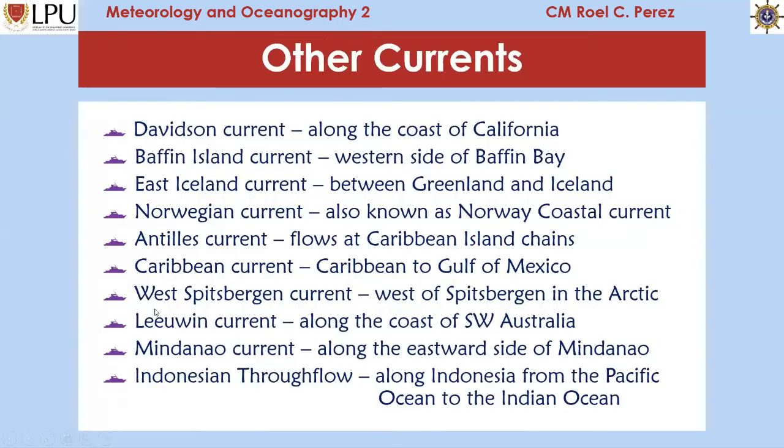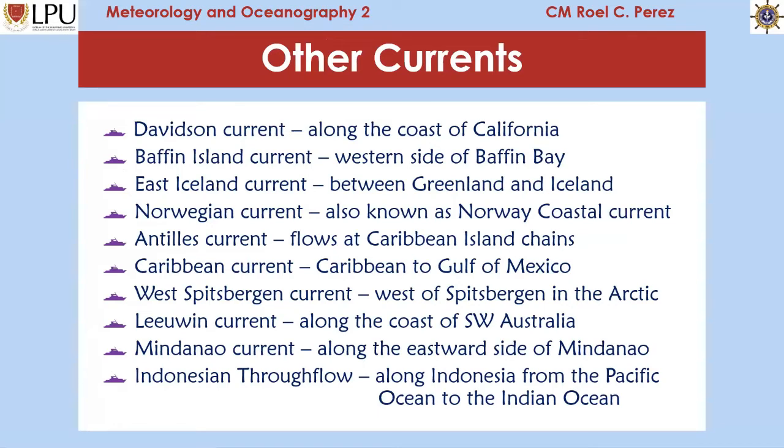Okay, we have also the West Spitsbergen current, which is located west of Spitsbergen in the Arctic. And then Leeuwen current along the coast of southwest Australia. Of course, we have also in our country the Mindanao current along the eastward side of Mindanao.